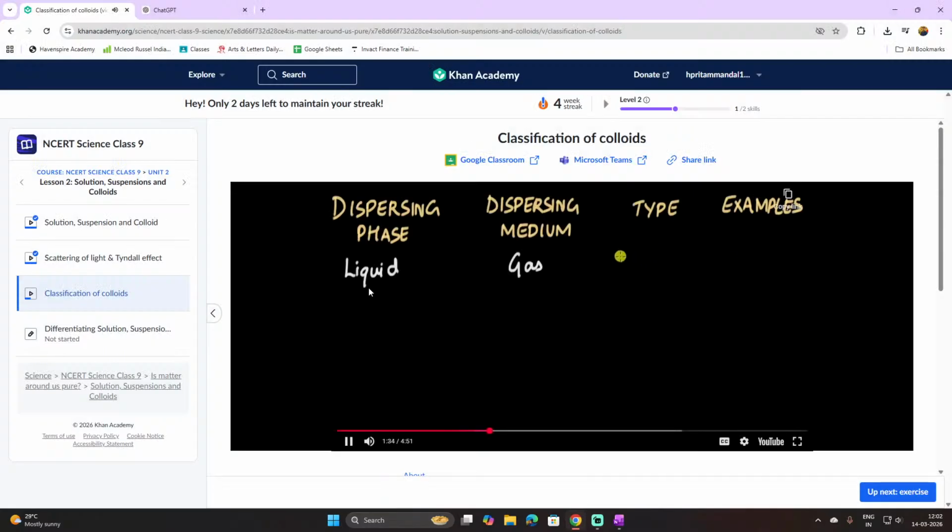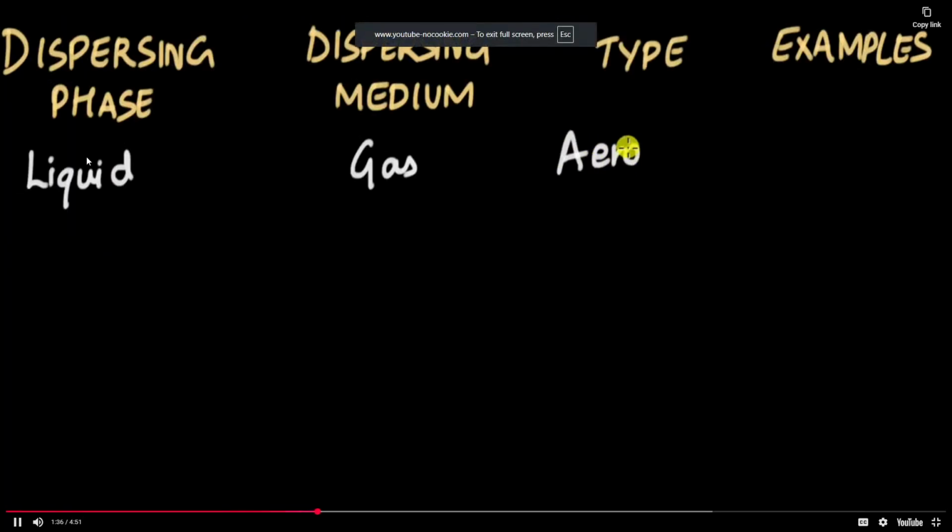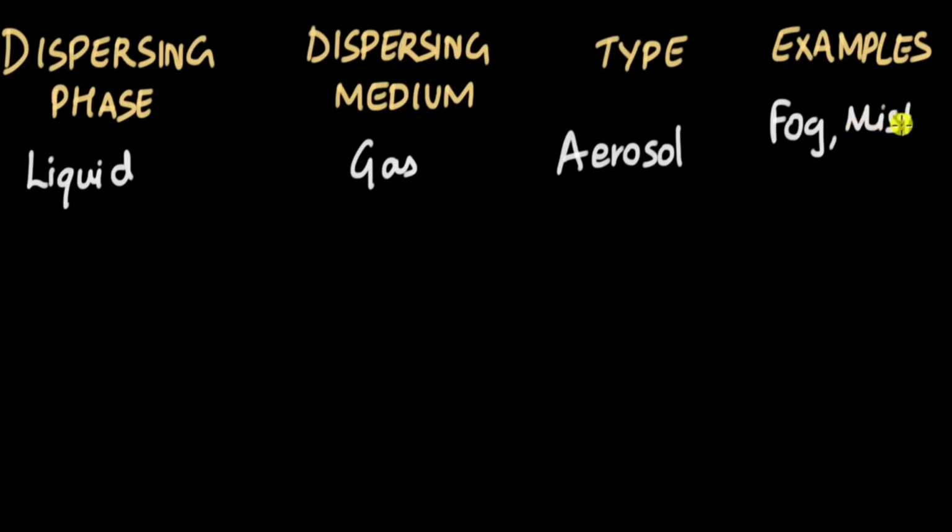This type of colloid is called an aerosol. Examples are fog, mist and clouds.